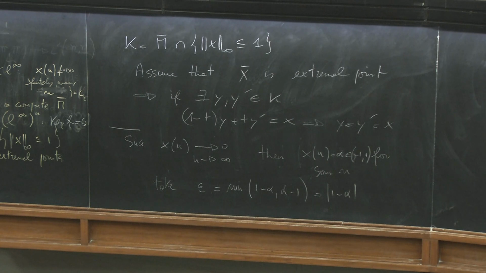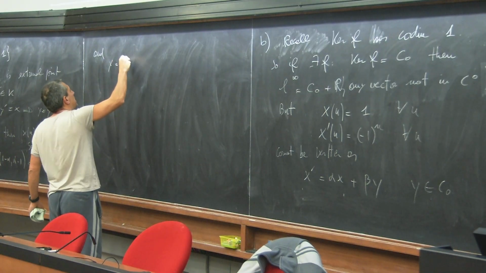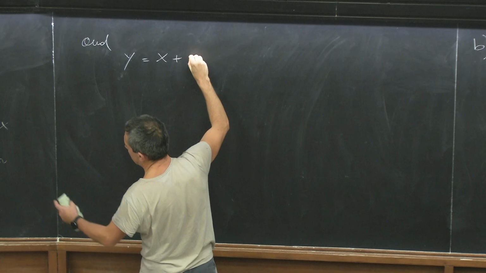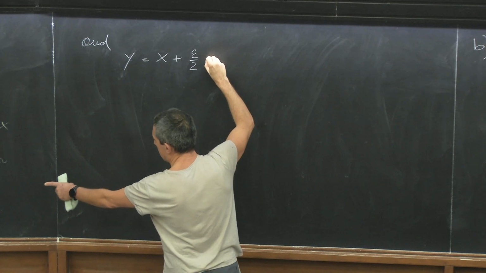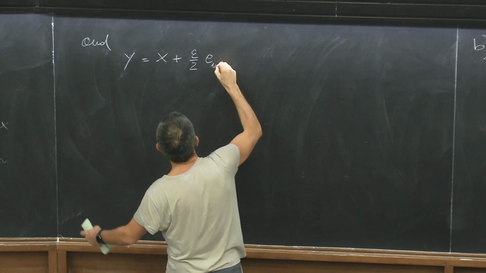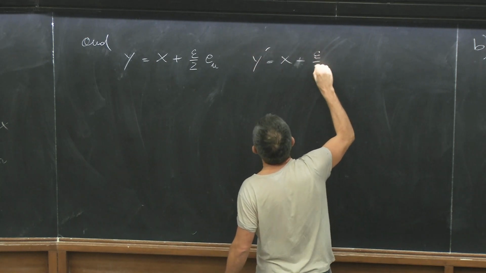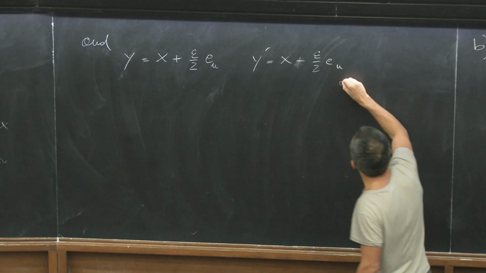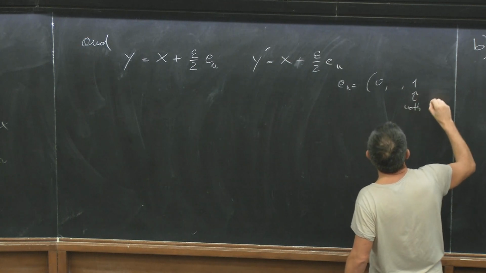And then y is equal to x plus epsilon half en, and y prime is equal to x minus epsilon half en. And en is the standard vector, so it's 0, 1 in the n position, and then 0 again.